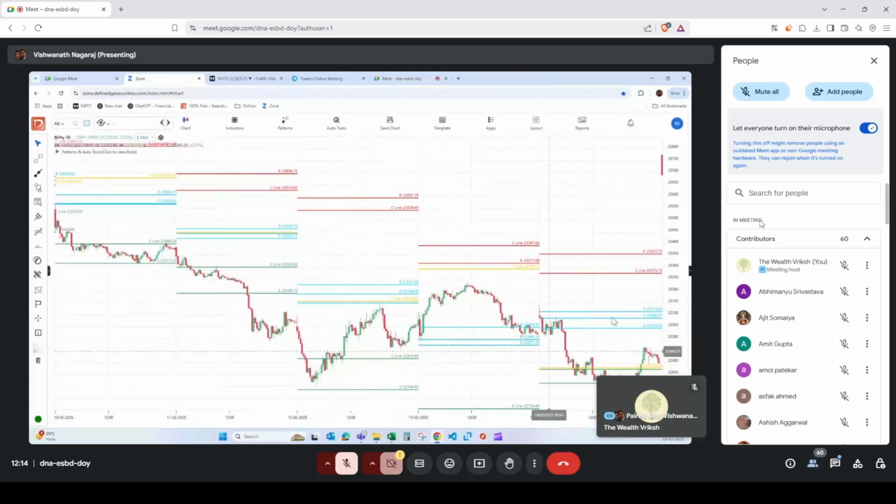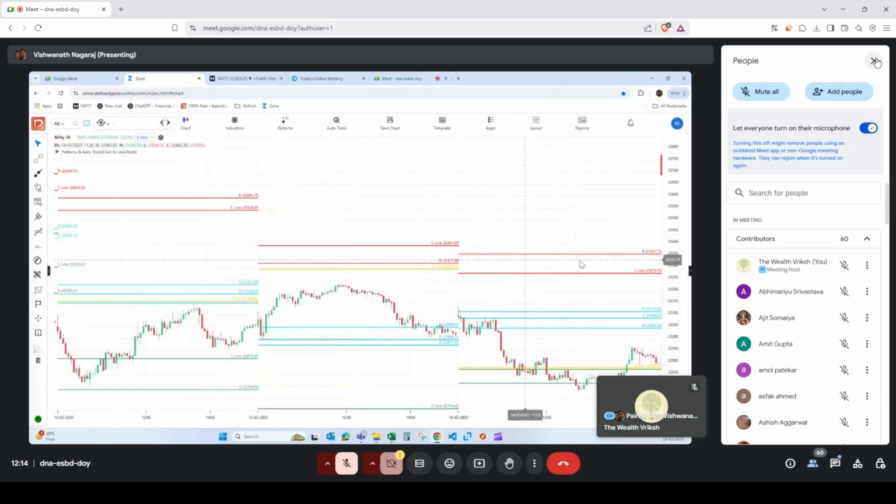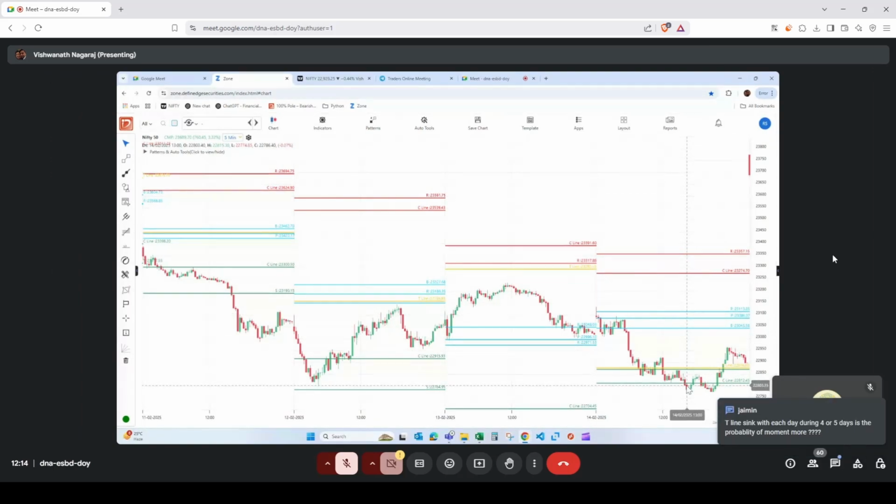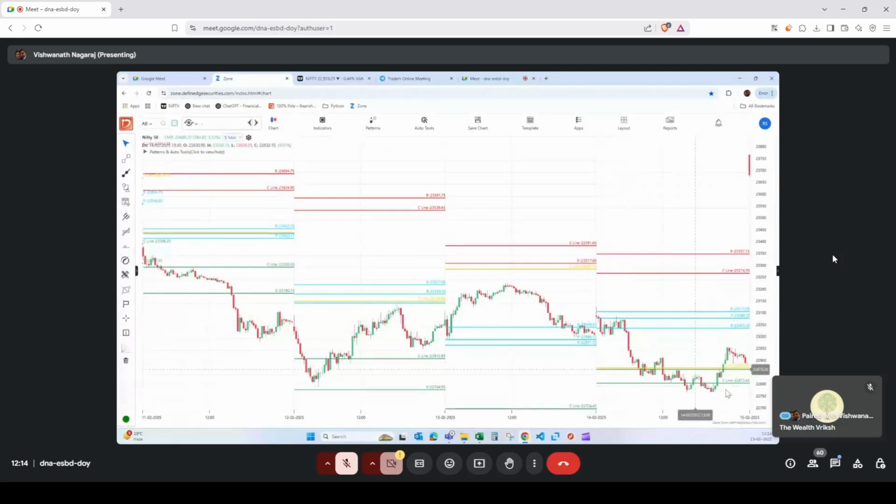Tomorrow, SEBI is giving us retailers more power using algo. Here somewhere I would have exited the call short leg, or the put short leg, whichever side it has broken, and then it would have triggered a move against me, and it would have hit my stop loss. That's part of the game.